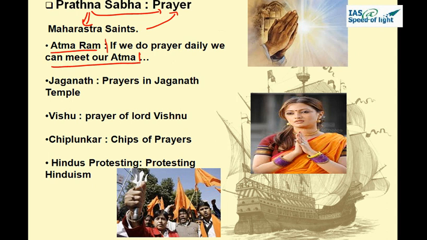We are not this body, we are the Atmas. So Atmaram, if we do prayer and meditate daily, we will attain Atma Sakshatkar, knowing oneself: I am not this materialistic body, I am the soul. So Atmaram, we link it with Prarthana Sabha.